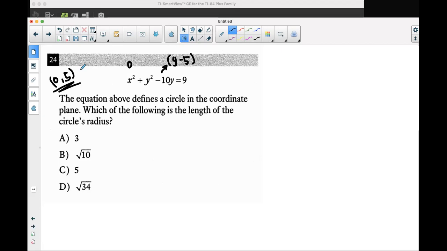All right, guys. Now let's talk about the rest here. In order for you to find the radius, you actually have to complete the square. So how are you going to do it? X squared plus y squared minus 10y, giving myself some blank, and then 9. Of course, here, what do I need to do? I need to add 25, because that's dividing negative 10 by 2, and then squaring that. And that gets me 25.